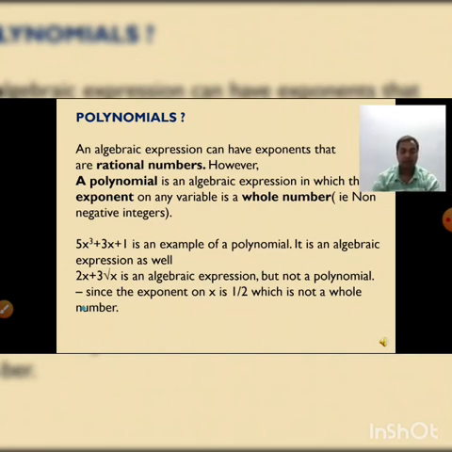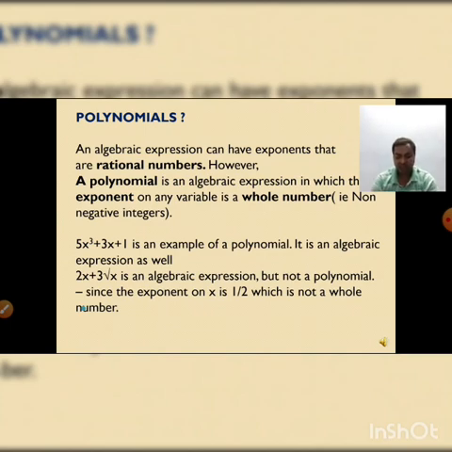The difference between polynomials and expressions: we say that all polynomials are algebraic expressions, but not all algebraic expressions are polynomials. Some given examples like this: 5x cube plus 3x plus 1 is an example of a polynomial.